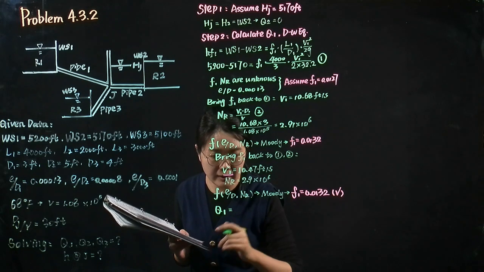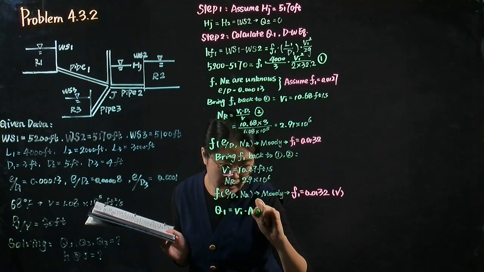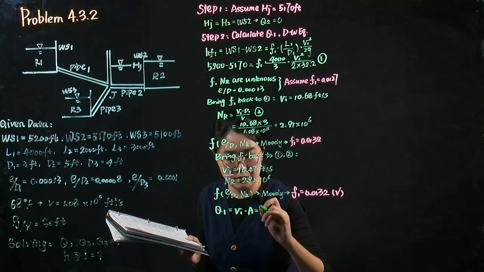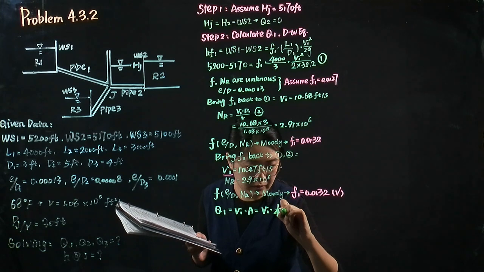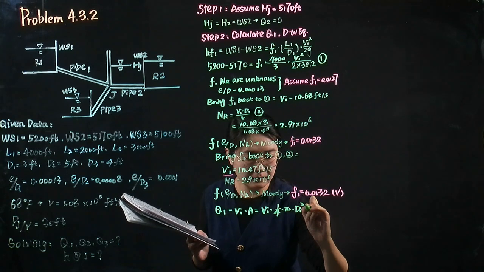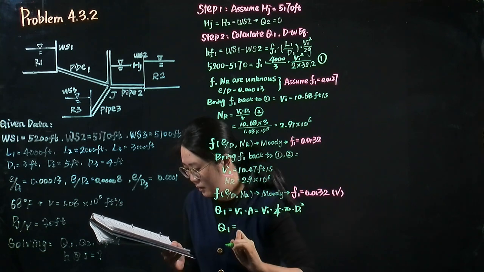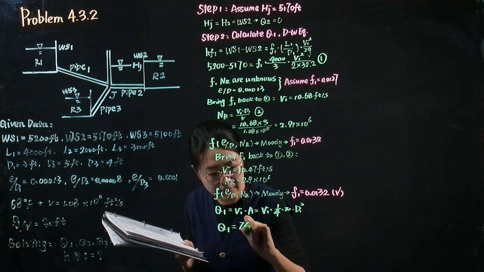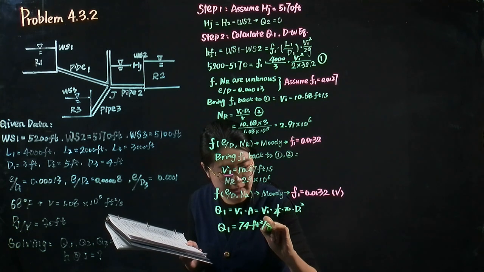The flow rate in pipeline 1 equals the velocity times the cross-sectional area, which is velocity times 1/4 times pi times d1 squared. Q1 equals 74 cubic feet per second.